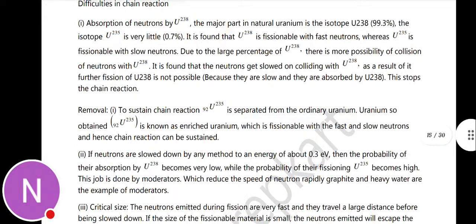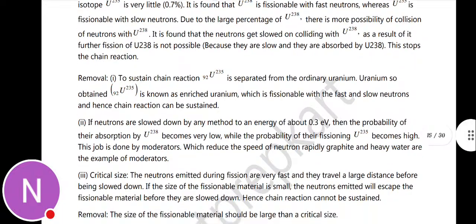Due to the large percentage of uranium 238, there is a greater possibility of collision of neutrons with uranium 238. Therefore the neutrons get slowed on colliding with uranium 238. As a result, further fission of uranium 238 will not be possible. So this stops the chain reaction.